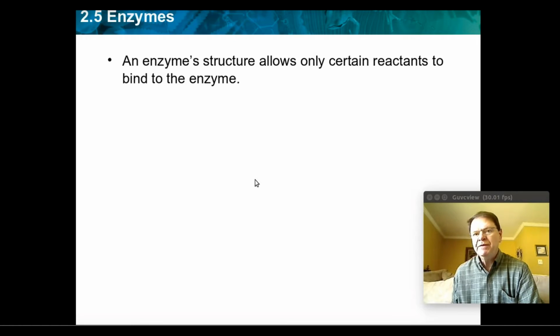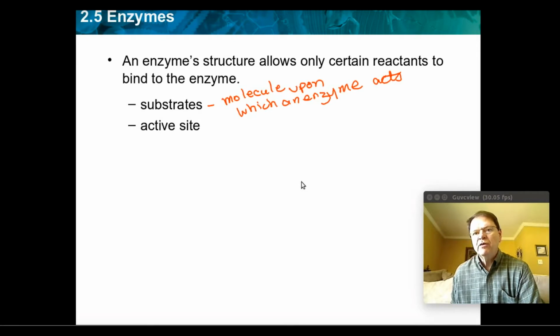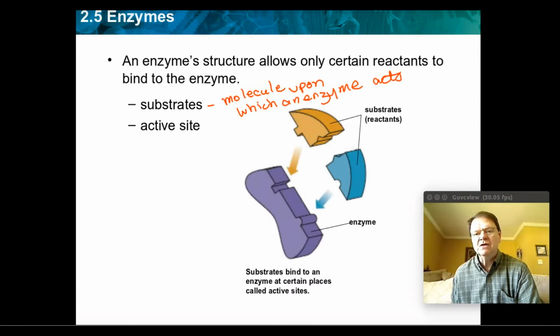Enzymes are specific to the compounds that they act upon as well. New term here, substrate. Okay, so what do we mean by a substrate? A substrate is a molecule upon which an enzyme acts. There's also a very specific location on the enzyme that's going to connect to the substrate. We refer to that as the active site of the enzyme.